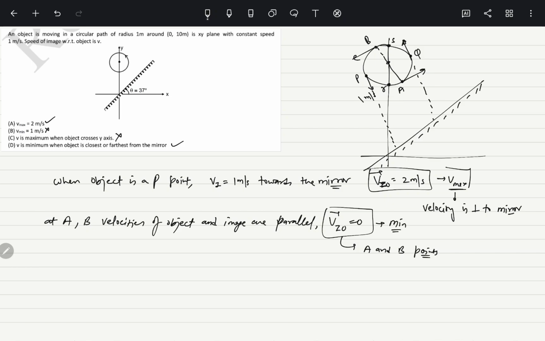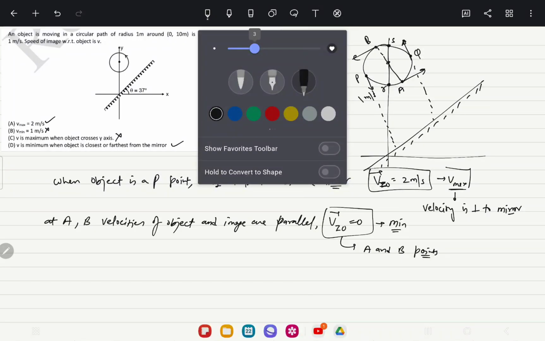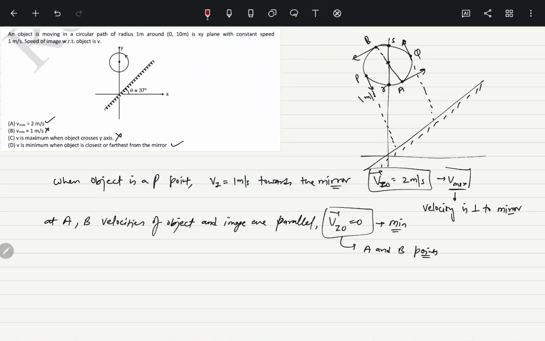So at point R, if I change the color, the velocity of the object will be this one, parallel to the x-axis. Here you need to take the components. One component will be parallel to the mirror, and one component will be perpendicular to the mirror. When you solve this, the velocity of the image will be like this, roughly.